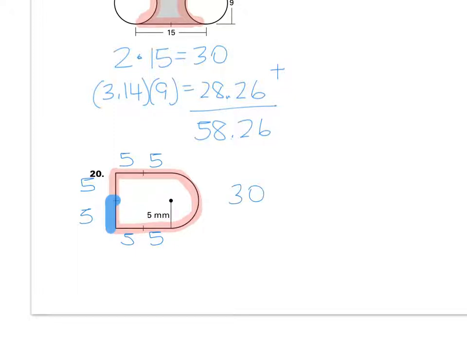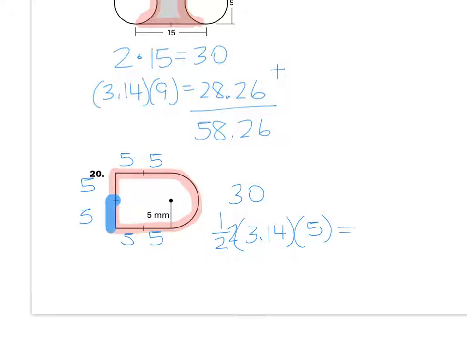And then I have a half circle, so it's going to be 1/2 the circumference. I want to make sure I don't forget my 2 in there.